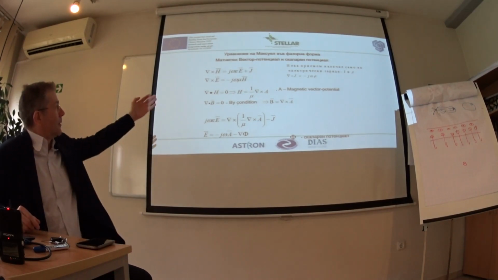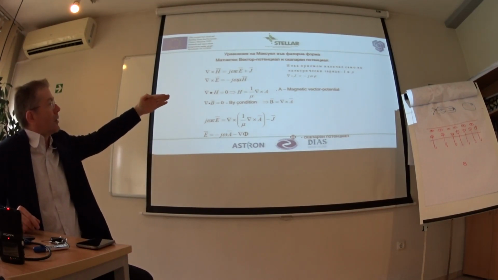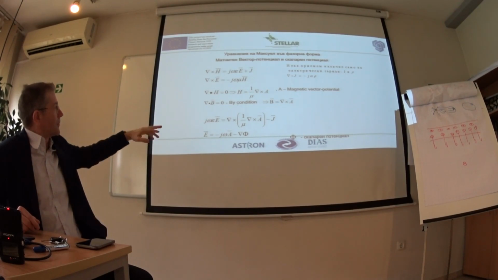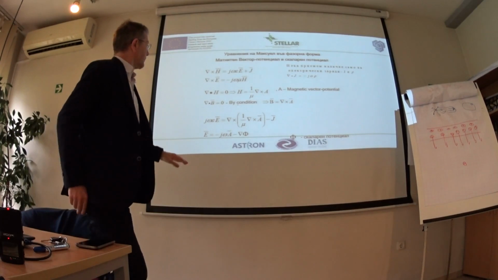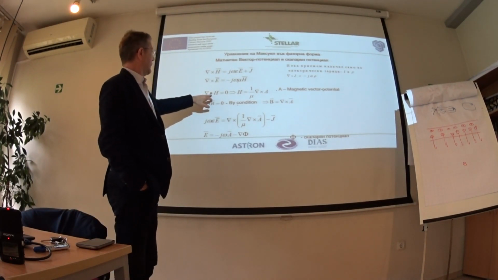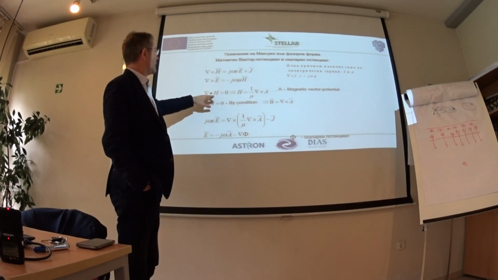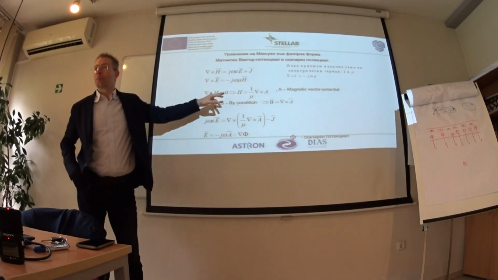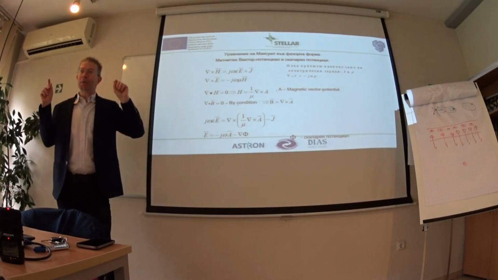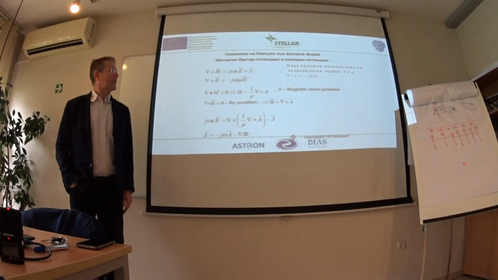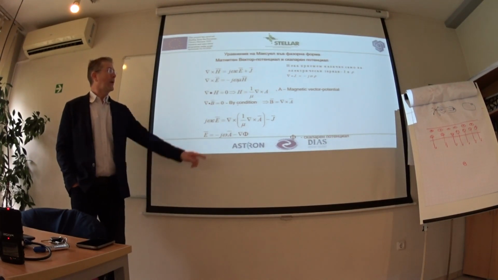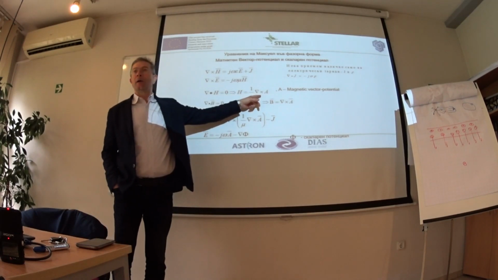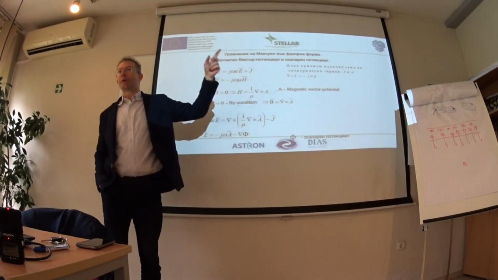So if we imagine that there are only electric charges, and we take into account this condition that the divergence of the H vector is 0, which we assume that it is, it means that the H vector, the magnetic vector, can be represented as a rotation of some imaginary vector.